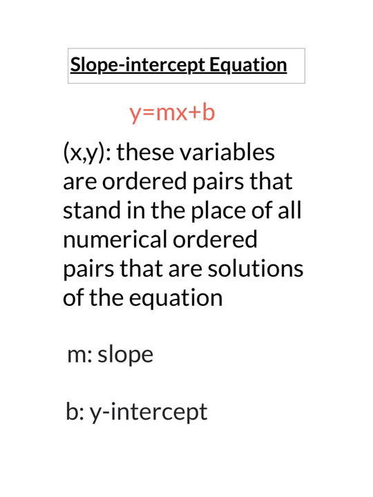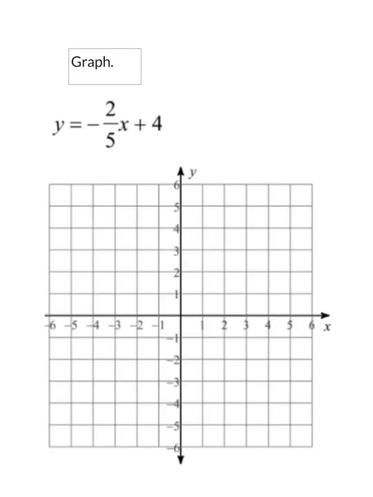Now let's learn how to use this equation to make a graph. The directions say graph y equals -2/5 x plus 4. This is the x and this is the y. Those variables represent all numerical ordered pairs that are solutions of the equation.